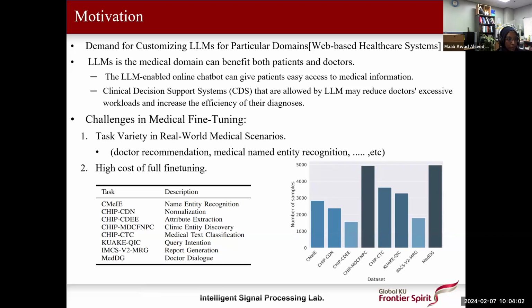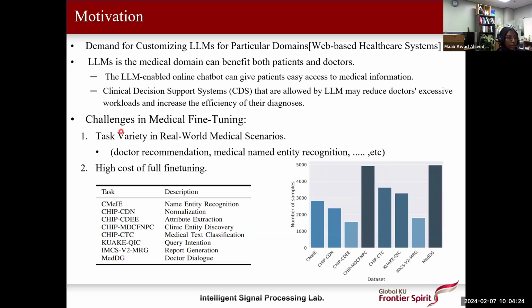So what are the challenges or issues that can face us when we try to use large language models for the medical domain? First, we have not just one or two tasks.